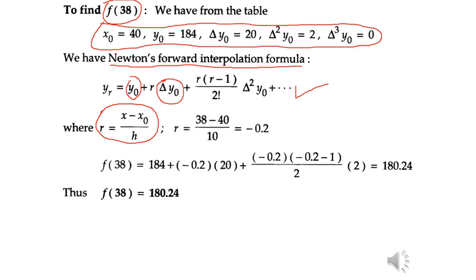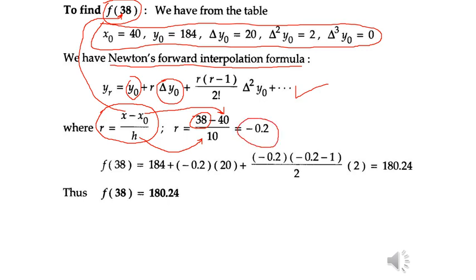What is the value of x? The value of x is 38. In the place of x, put 38. And where is x naught? X naught is the first value of x in the table, which is 40. And h, the difference between any two consecutive values of x, is 10. If you simplify using your calculator, you will get minus 0.2.